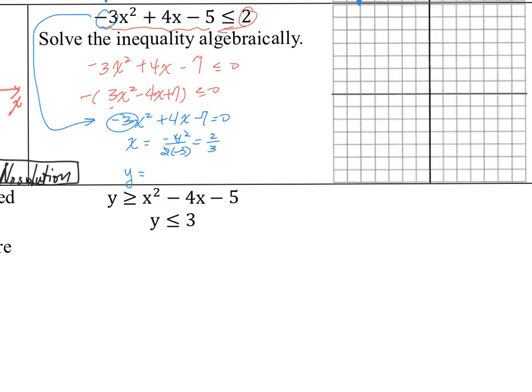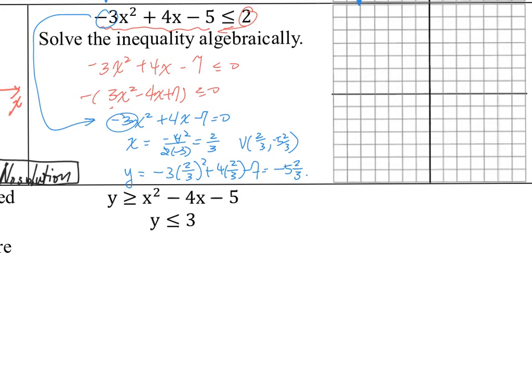When I substitute 2/3 into the quadratic equation, I would get negative 5 2/3. You can double check to see if this is correct. I actually worked this out, so it should be correct. So our vertex would be at 2/3, negative 5 2/3.